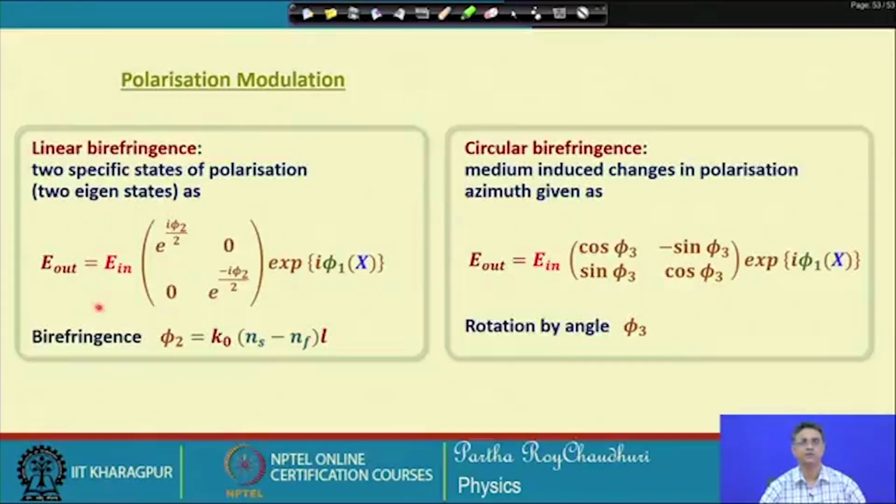So, we can represent the effect of the medium through this matrix to relate the input and output electromagnetic wave. For circular birefringence, the medium induced change in the polarization azimuth is given by this equation, where phi 3 is the rotation angle caused by the medium. Phi 1 remains the phase, that is the medium dependent phase.